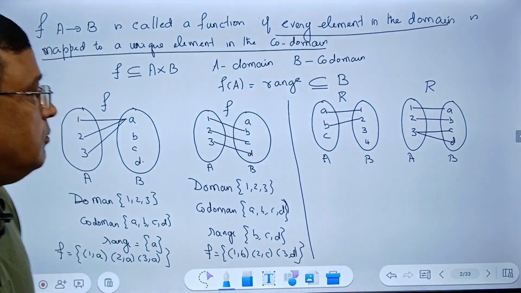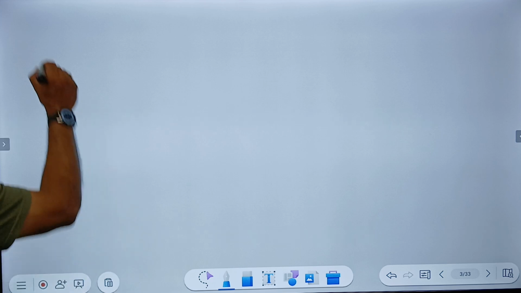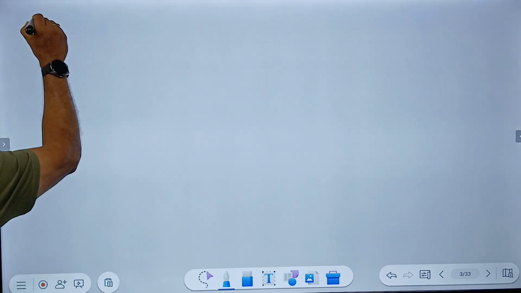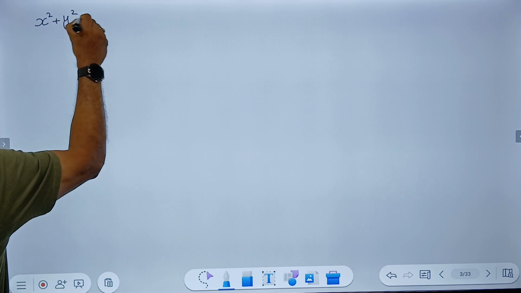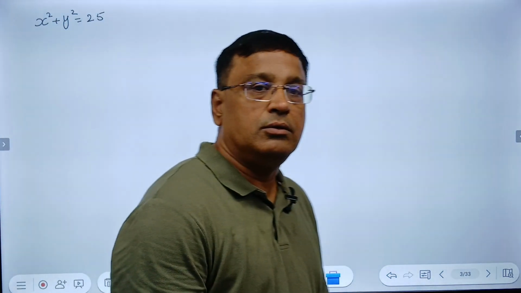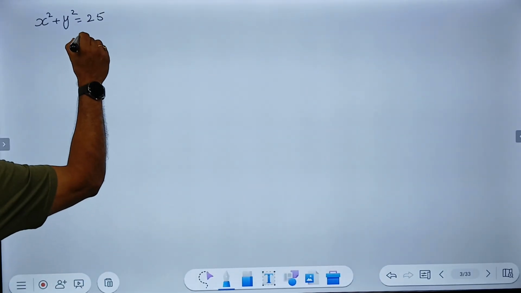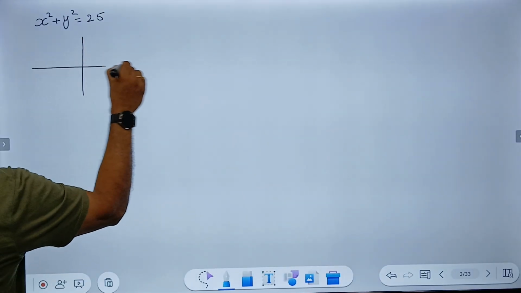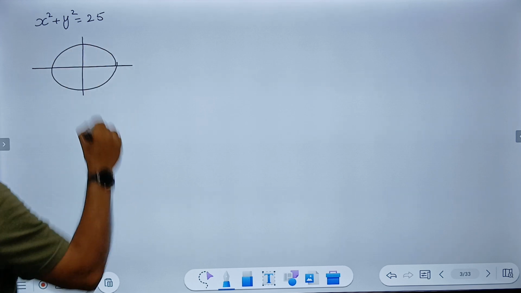Okay. Now, let's go to some diagrammatic representation. Now, suppose I have an equation, say x squared plus y squared equal to 25. You all know from class 11th that x squared plus y squared equal to 25 is a circle, with center at the origin and radius 5.